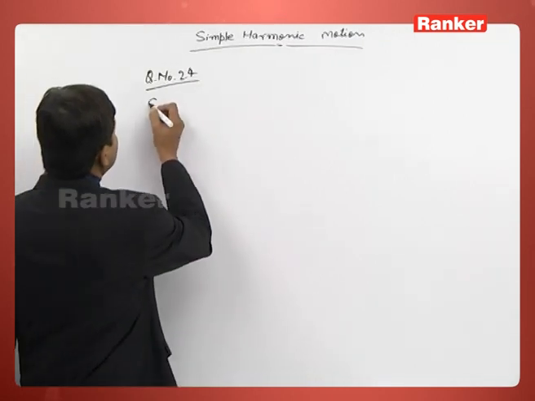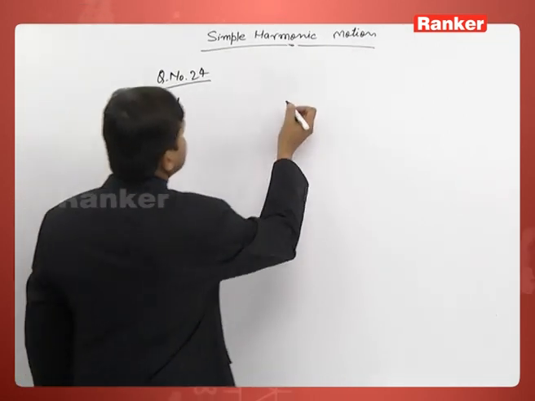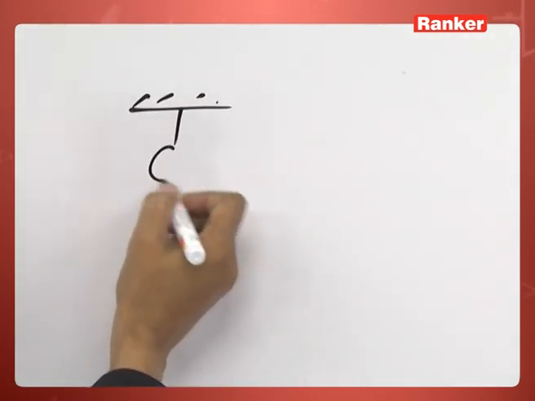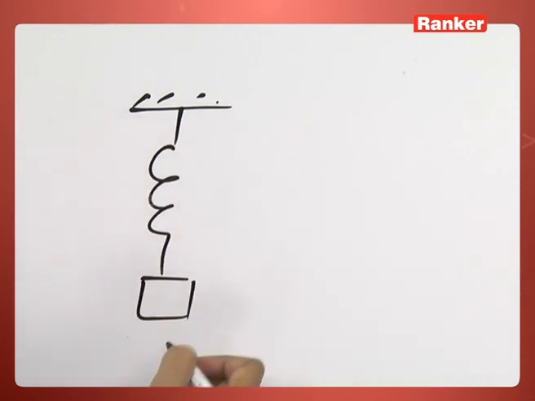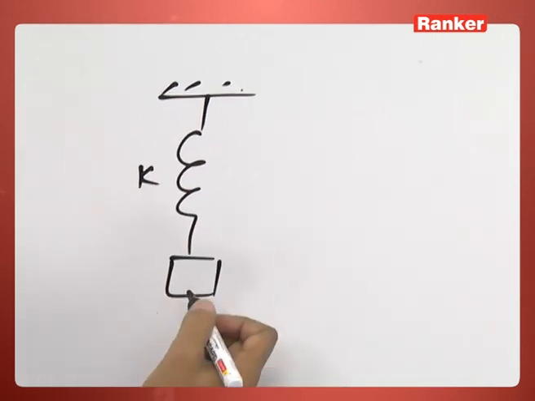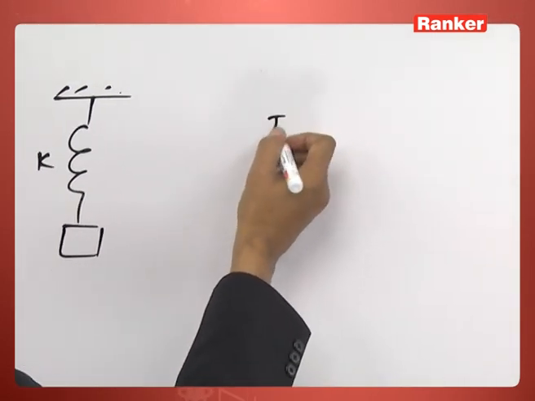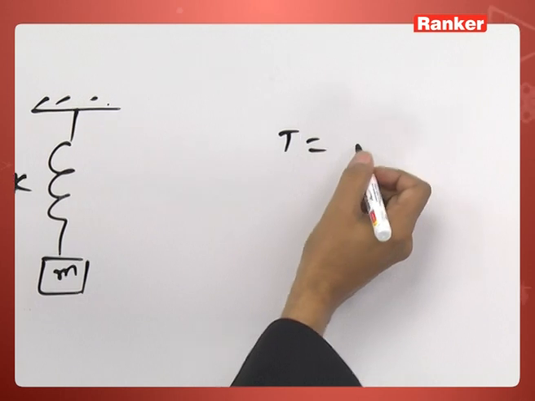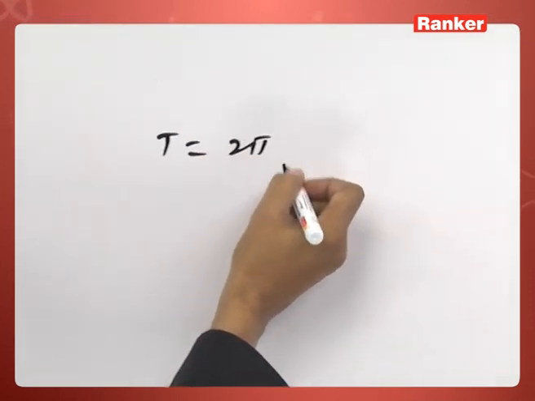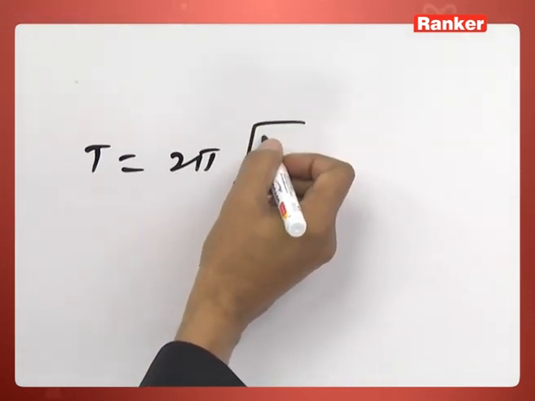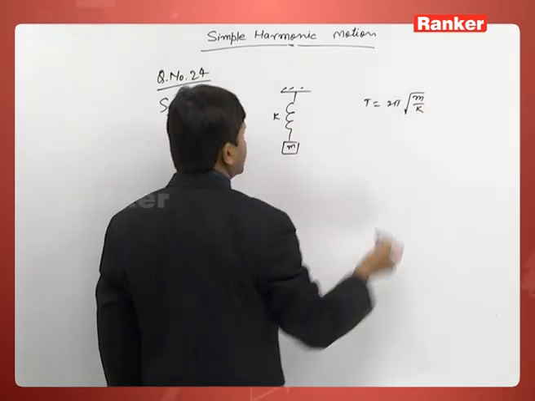As per the given information, initially a block is suspended with a spring of force constant k. Its time period, as we know, is given as 2 pi under root m by k.